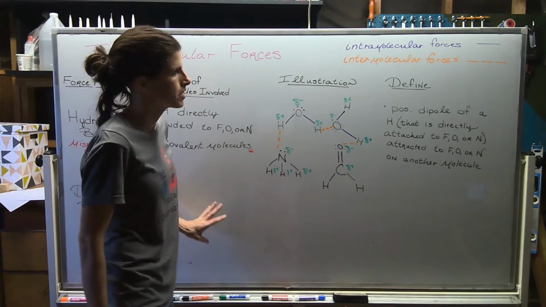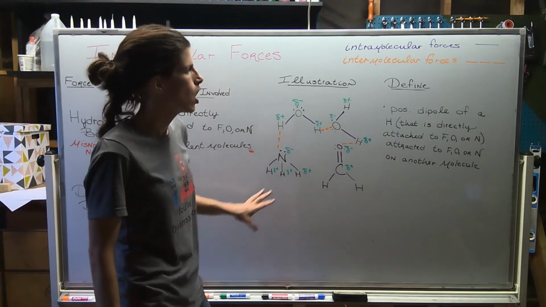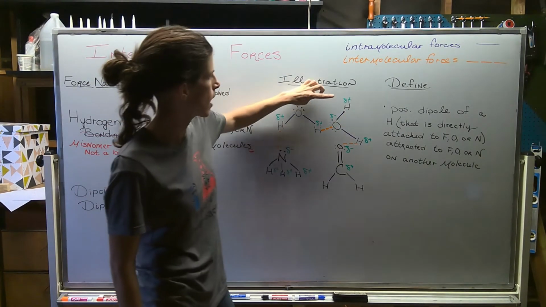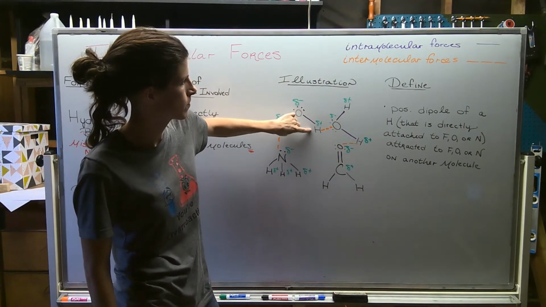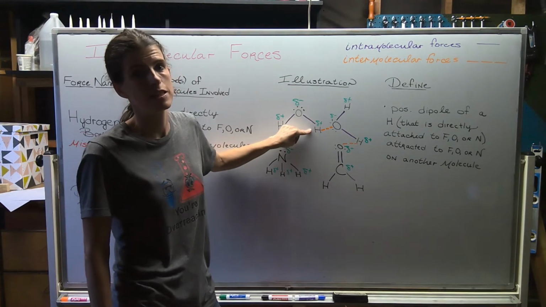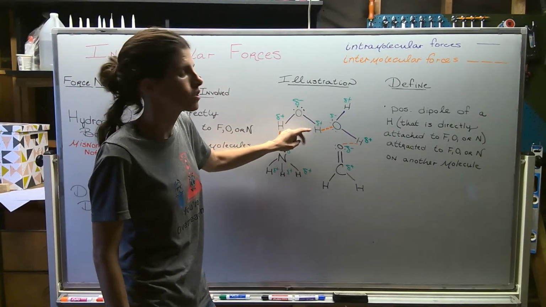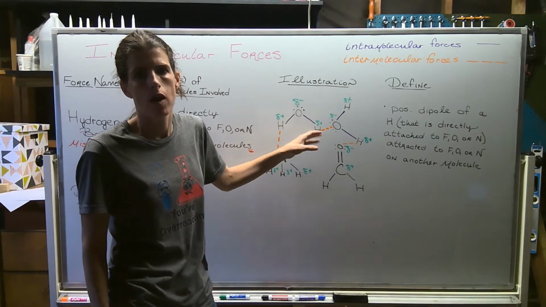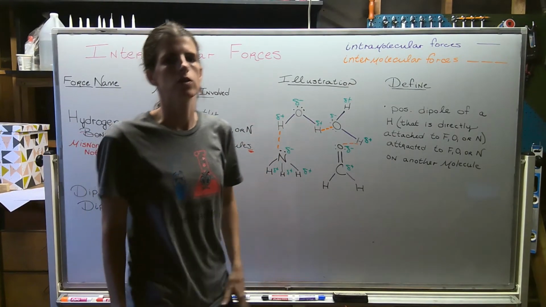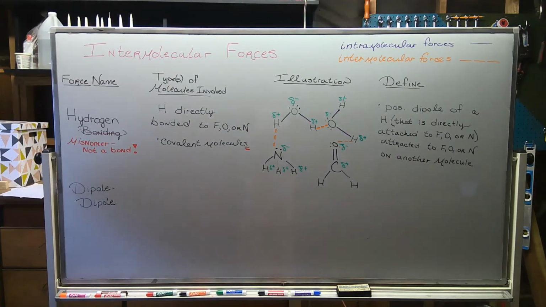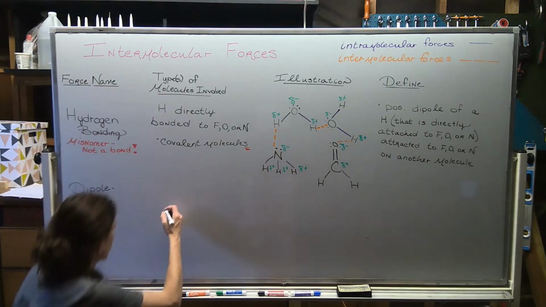So in terms of our definition of hydrogen bonding, we're going to have the positive dipole of a hydrogen, and that hydrogen has to be directly attached to the phone. That's going to be attracted to another F, O, or N on a different molecule. For dipole-dipole intermolecular forces, we need polar covalent molecules.